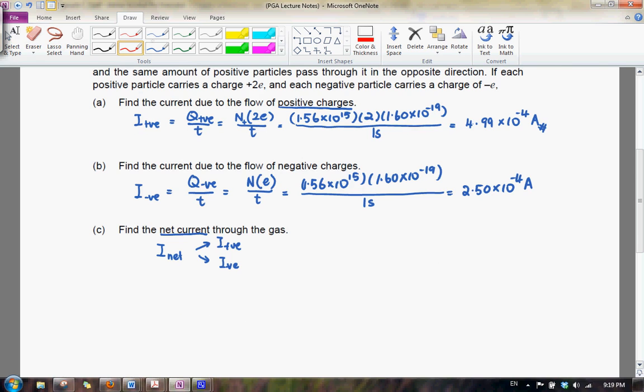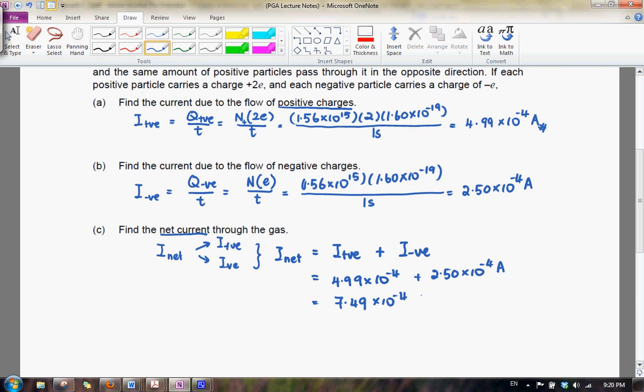Hence, we should add them together, and therefore, the net current must be the current due to the positive charges plus the current due to the negative charges, and we will have 4.99 times 10 to the power of minus 4 plus 2.50 times 10 to the power of minus 4, and that works out to be 7.49 times 10 to the power of minus 4, and remember to put in your units in amperes. So that's the answer.